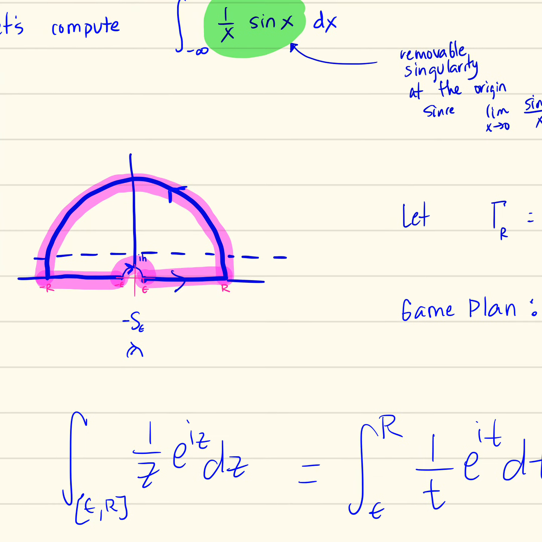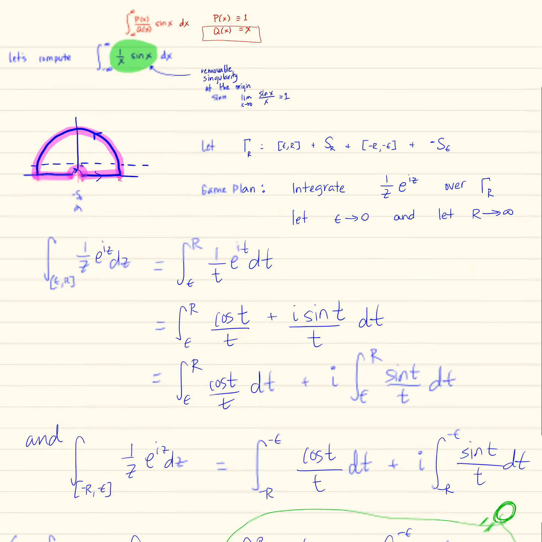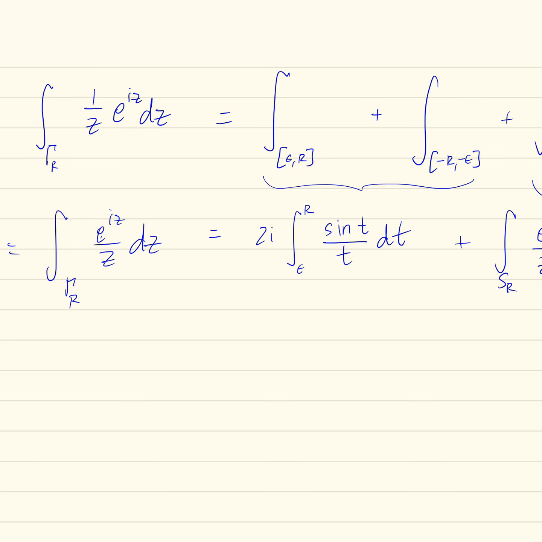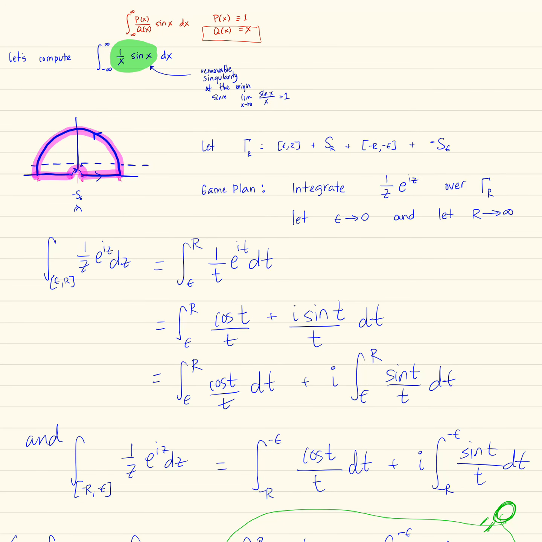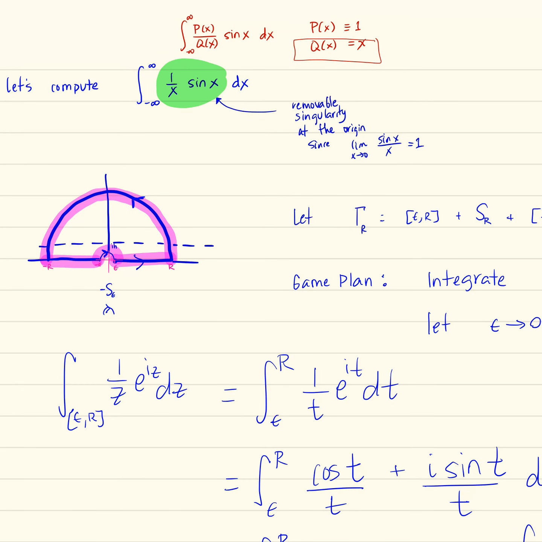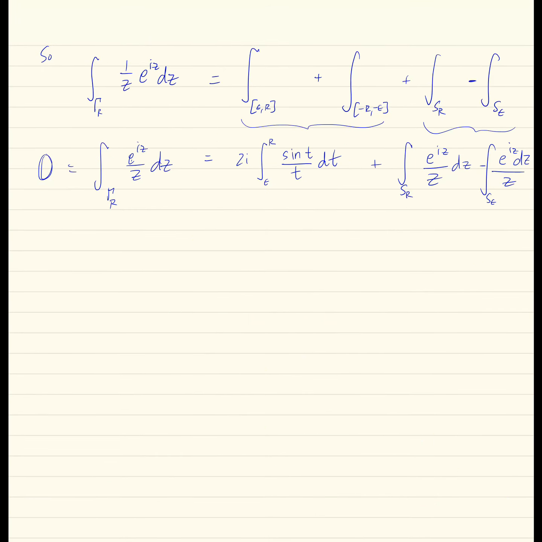We don't have to worry about it because 0 is not in the interior of our contour. So our function here that we're integrating, e to the iz over z, is holomorphic in a neighborhood containing this, right? So we can always just avoid the origin. We're good to go. So this integral is just going to be 0.